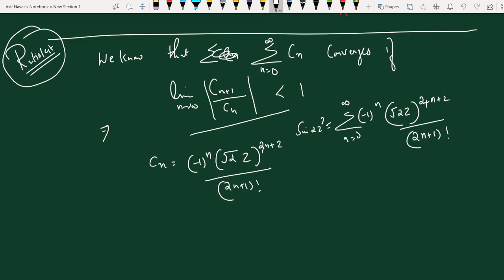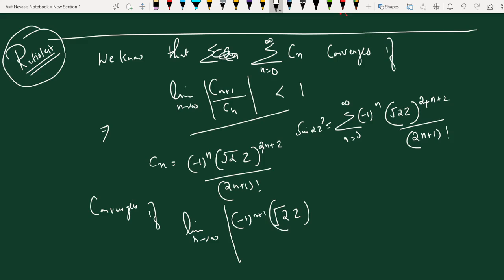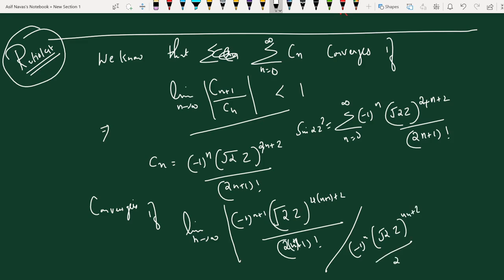Now we will find this. So this converges if the limit as n tends to infinity of the modulus of cn plus 1, that is root 2 z all raised to 4n plus 1 plus 2 divided by 2n plus 1 plus 1 factorial, all divided by minus 1 power n root 2 z all raised to 4n plus 2 divided by 2n plus 1 factorial, is less than 1.